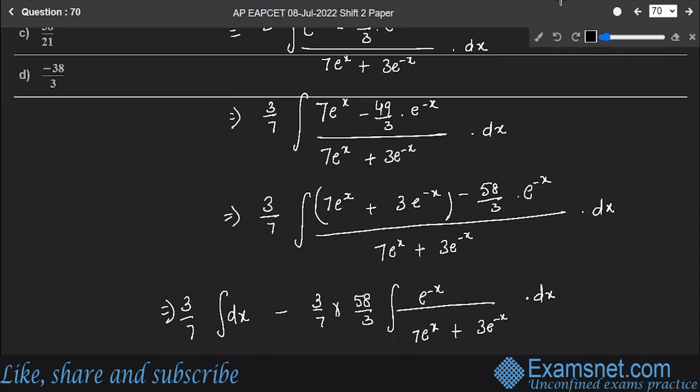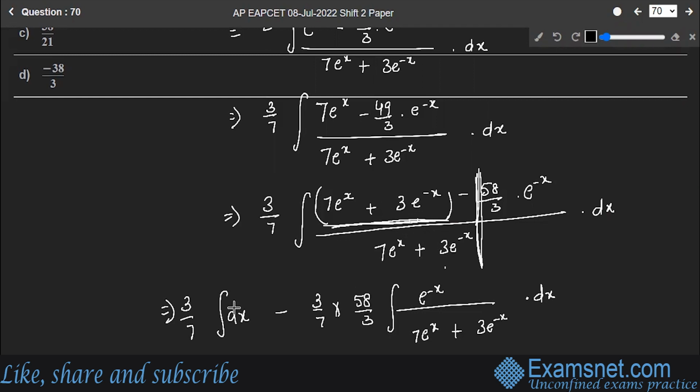See, here it was 49/3. I have split that using the idea that I want this bracket to have 7e^x + 3e^(−x) so that the numerator and the denominator may cancel. And I will keep this part, like I have split this whole term into 2 parts.